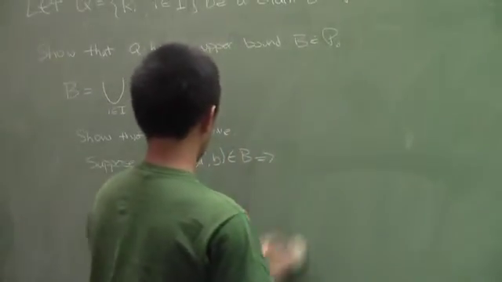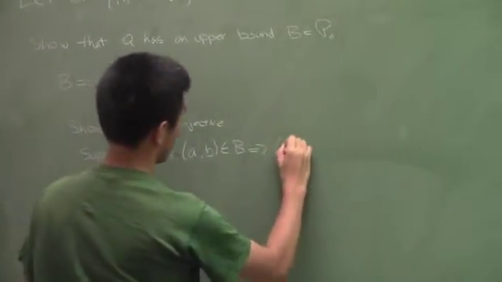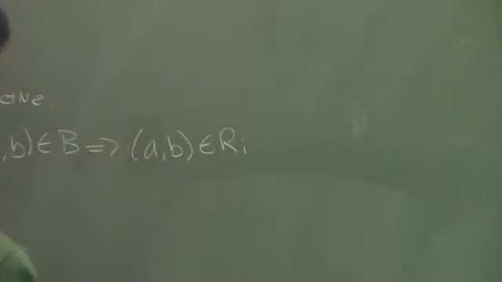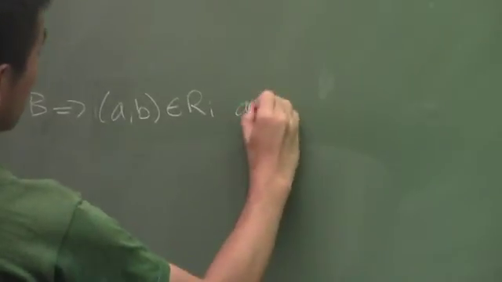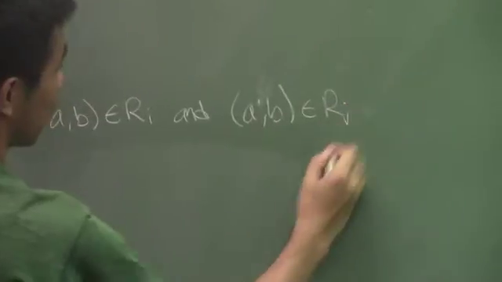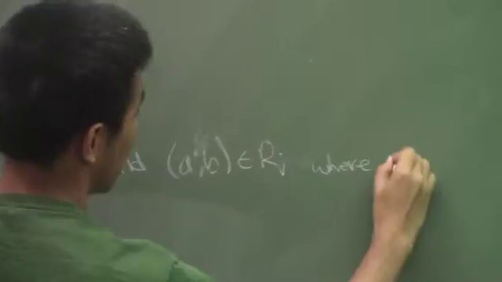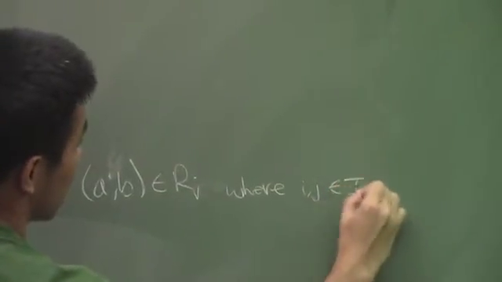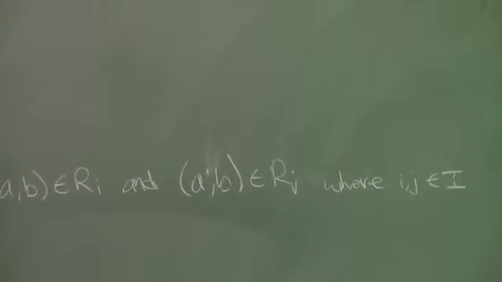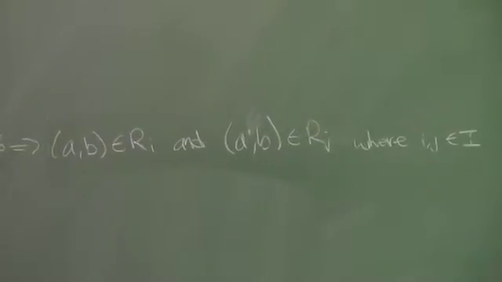So let's say (a, b) belongs to Ri and (a prime, b) belongs to Rj, where i, j in capital I. Do you have to say that i and j are different? No, they could be different, it could be the same.